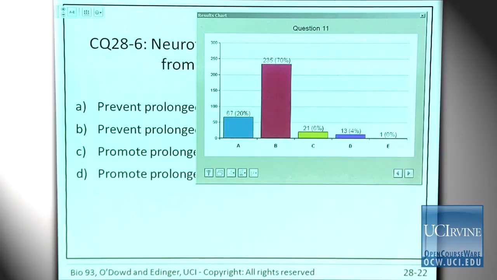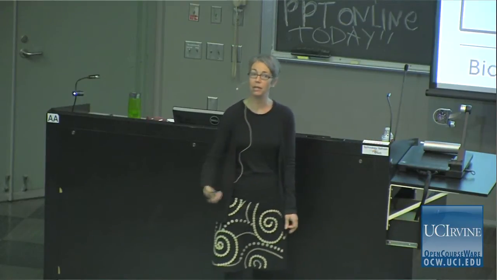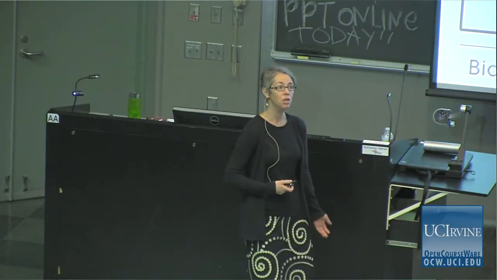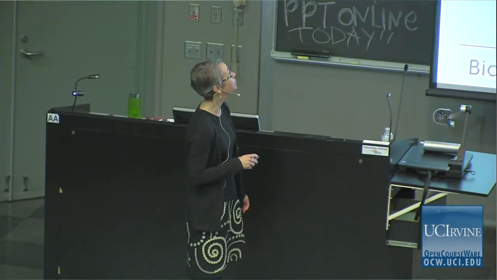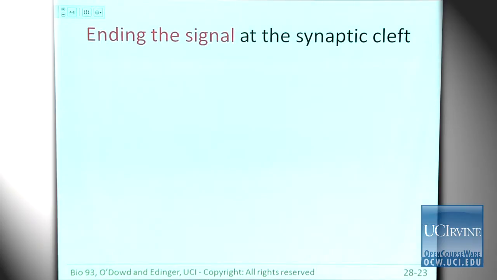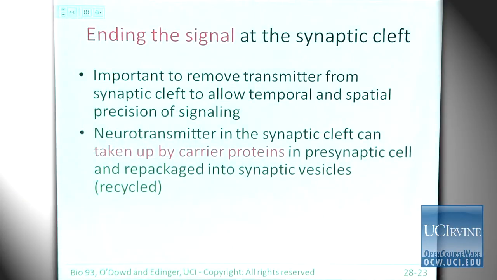The answer is definitely B. That was good work. If you leave the neurotransmitter lying around, you're going to keep stimulating that postsynaptic neuron. When you turn a signal on, you immediately start turning it off. That's how biology works. So how do we turn off the signal from neurotransmitters? We have to do that to have temporal and spatial precision of our signaling.